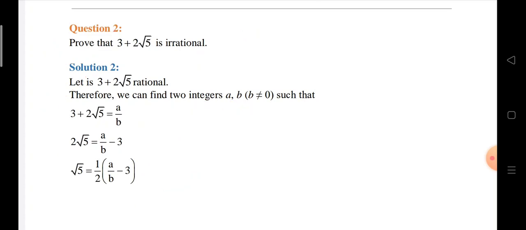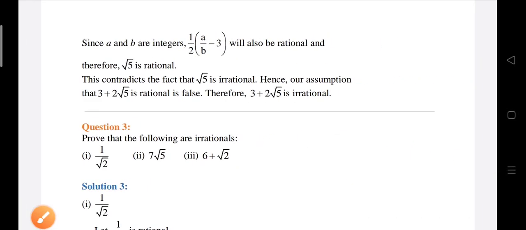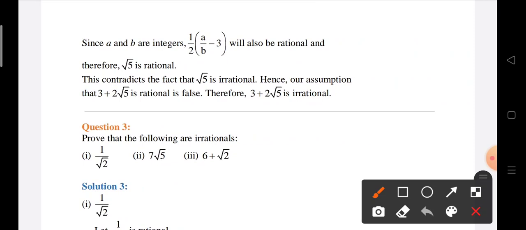Since a and b are integers, it will also be a rational number. Therefore root 5 is rational, because root 5 is equal to this number.